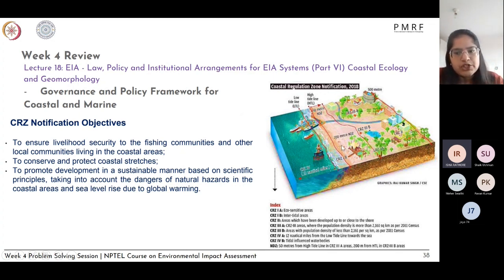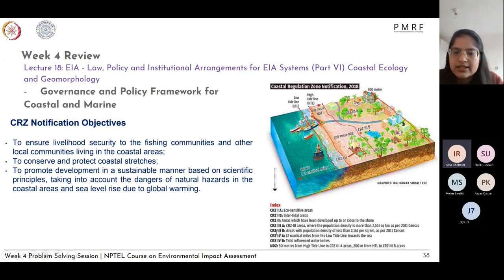So like high tides will wash up in CRZ1B areas. And CRZ2 is areas which have been developed up to or close to the shore. So CRZ2 areas are like areas which have developments.